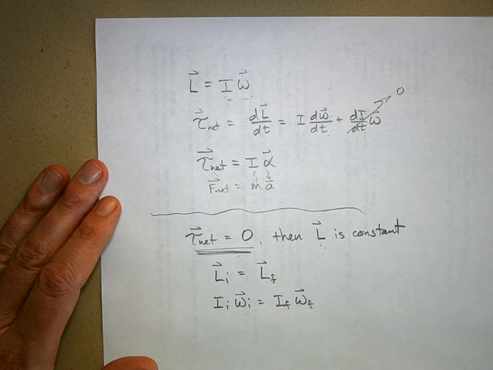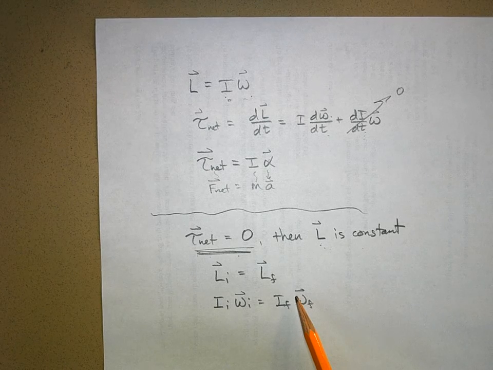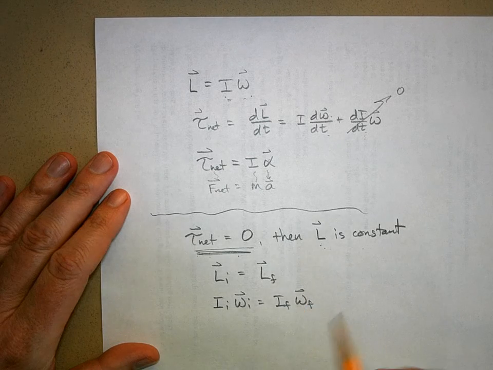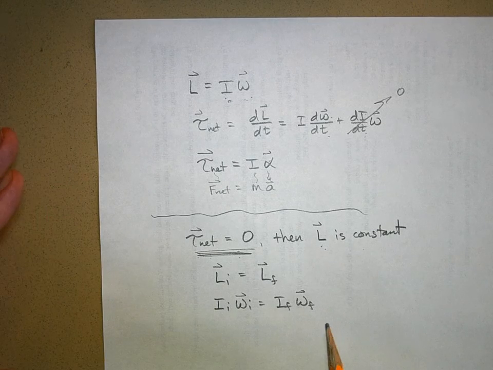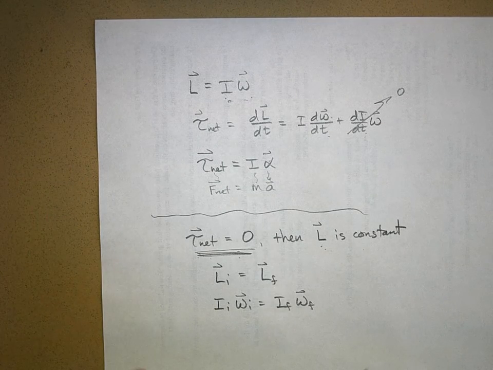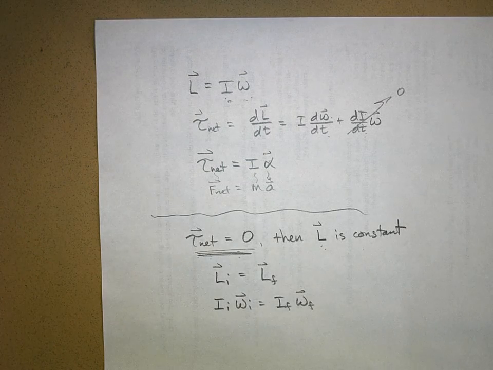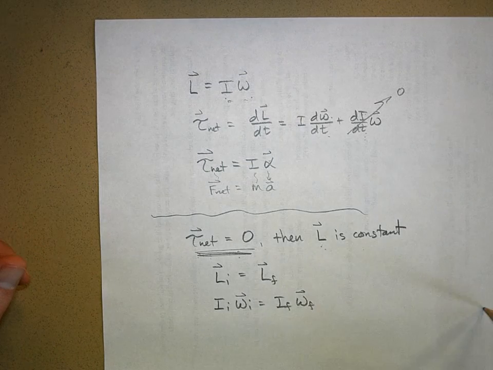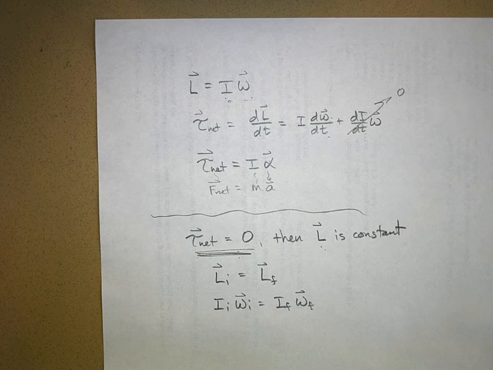Now this is conservation of angular momentum. If there's no net torque, period, the total angular momentum of your system will not change with time. It will remain a constant.